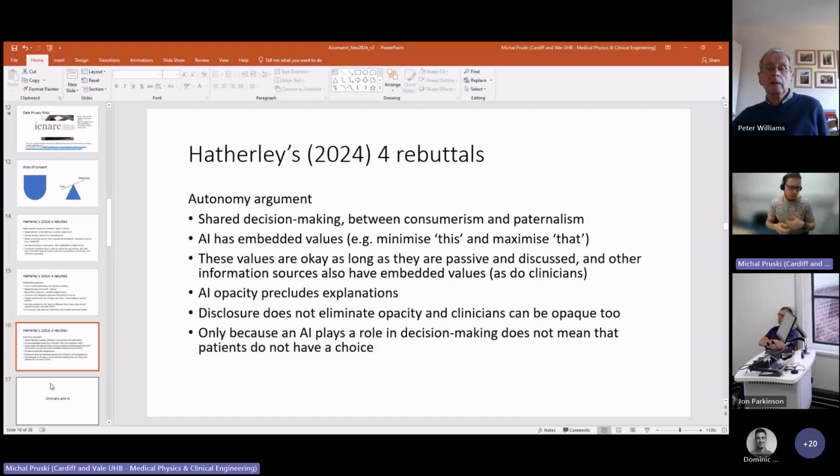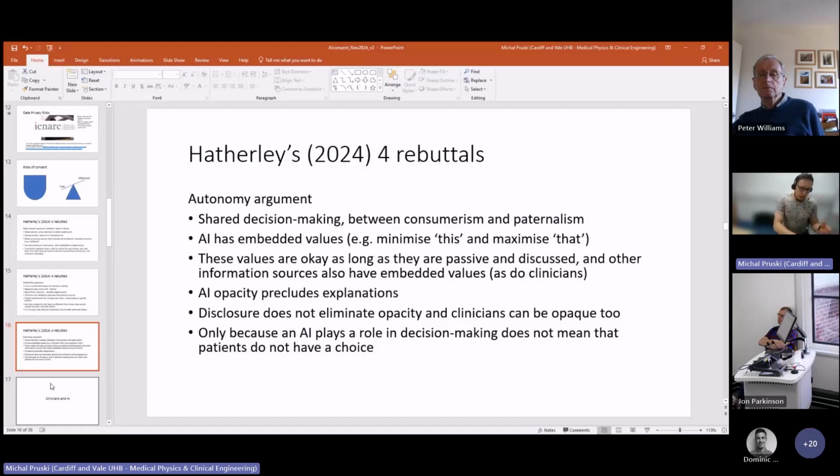And the challenge to this process is that AI might have embedded values. So, for example, an AI might be designed to maximize length of life over quality of life, and that's already a value that's embedded within the system.